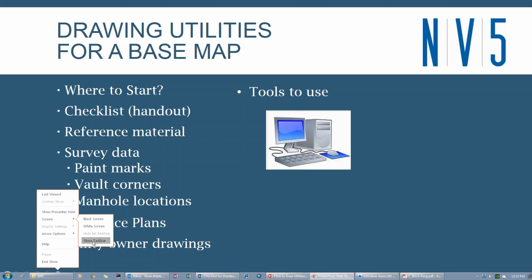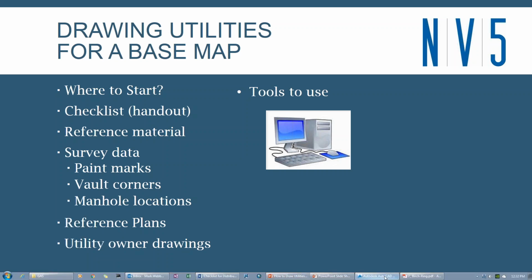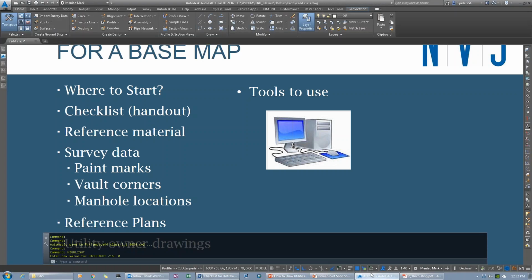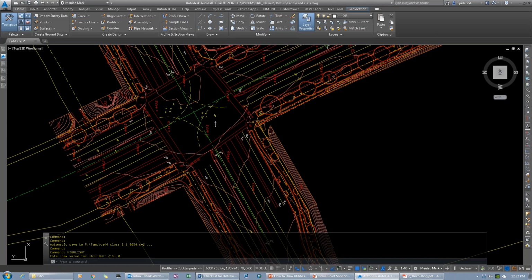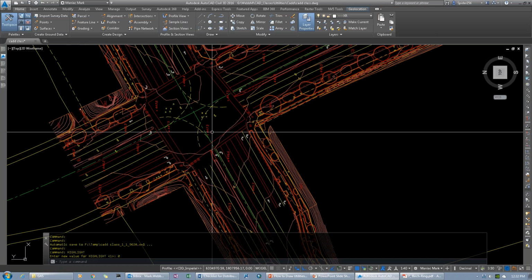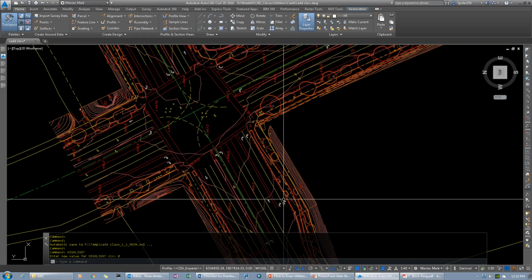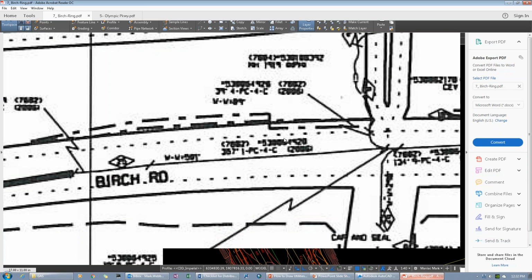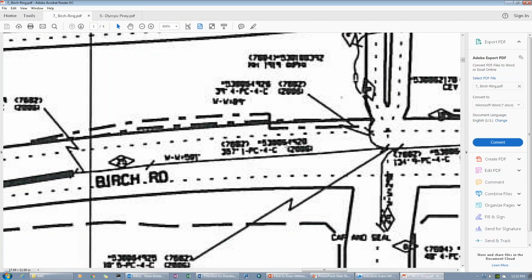So in an AutoCAD drawing, when you get topo, you normally get something like this. This is with the EXTO and the EXMA already referenced in. And you're going to get information that looks like this, and you're going to have to decipher the best you can.